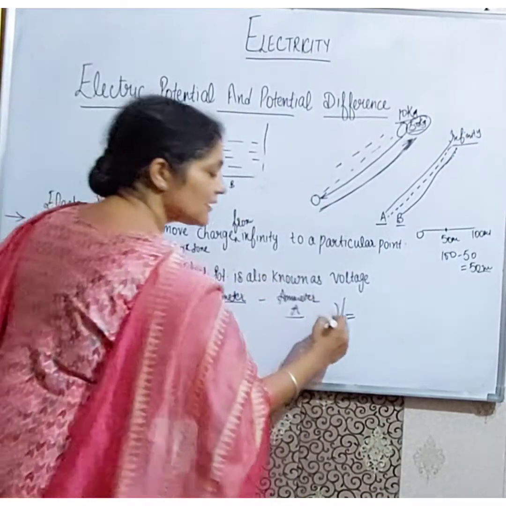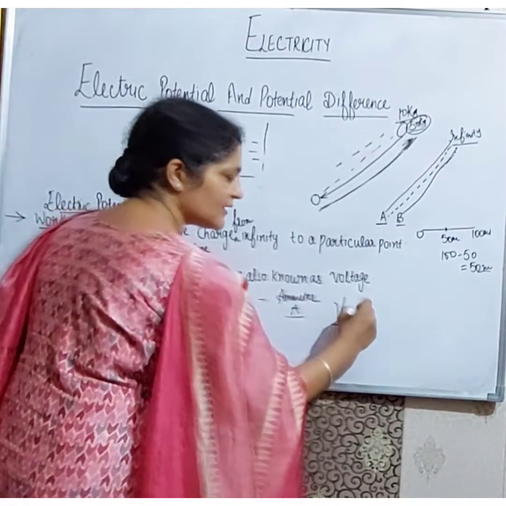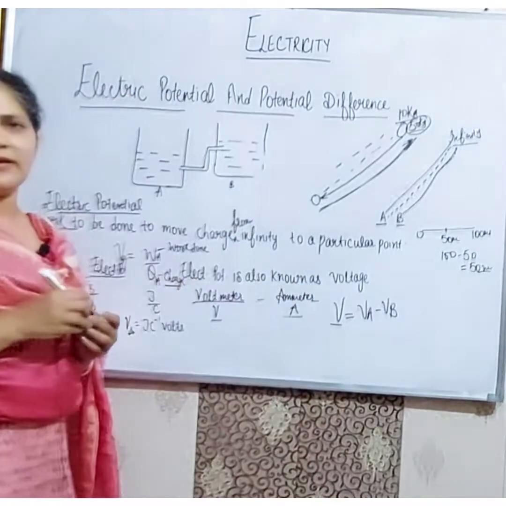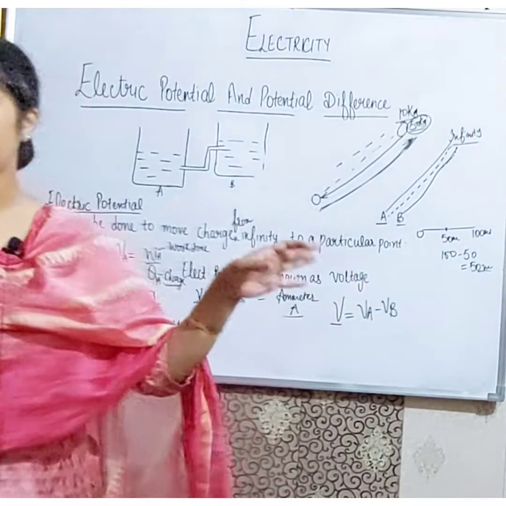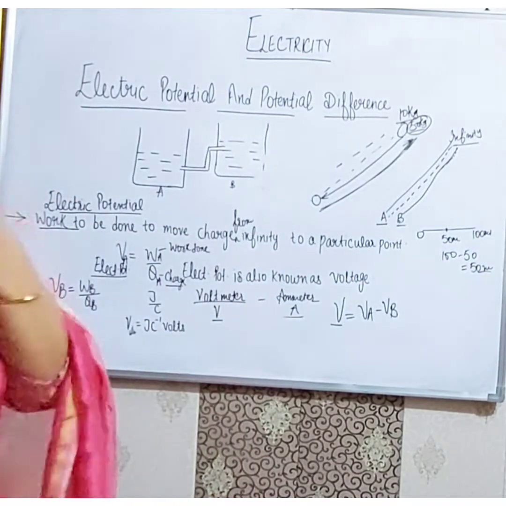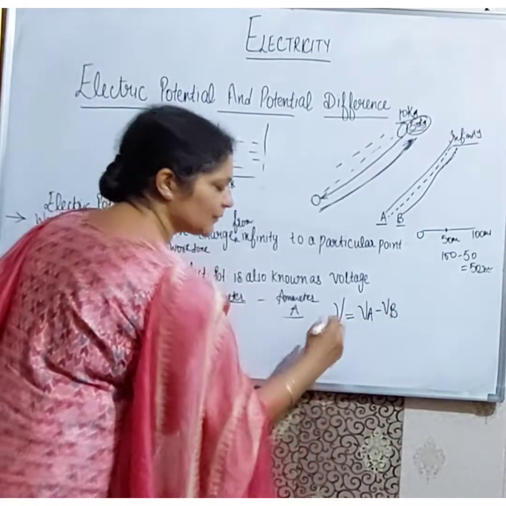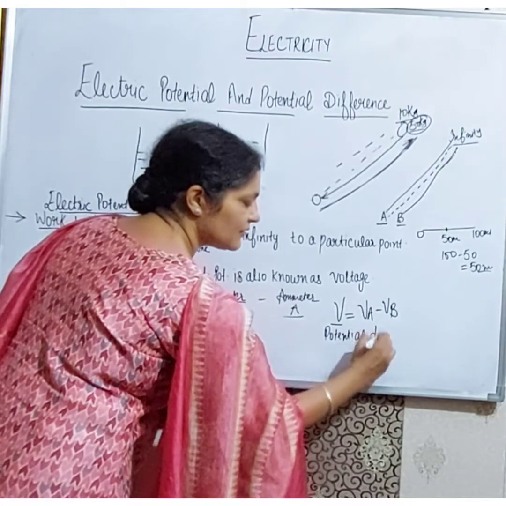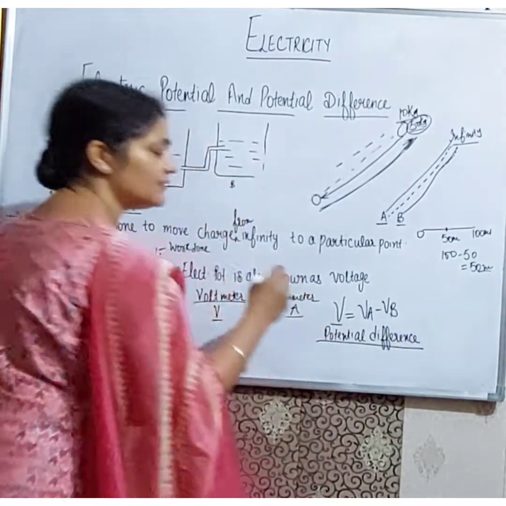What will V be equal to? This is known as the potential difference. It is VA minus VB, the electric potential at point A and the electric potential at point B. So this V, the difference between the two electric potentials, is known as the potential difference.